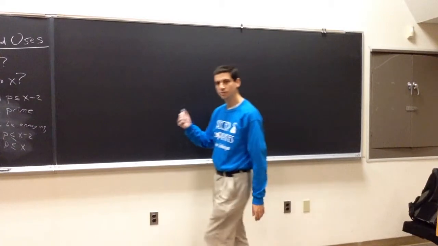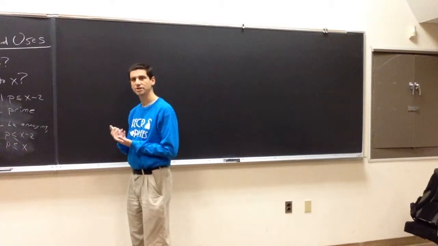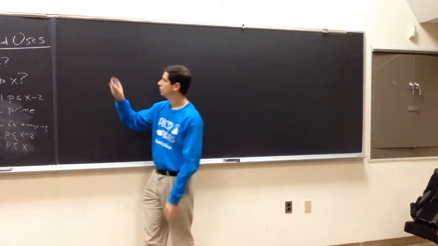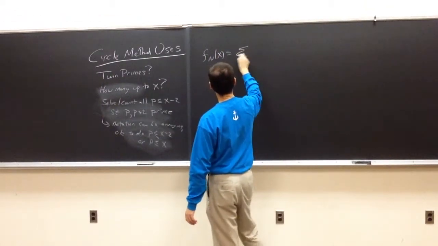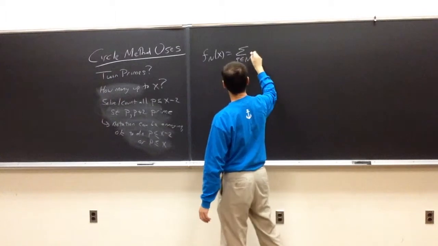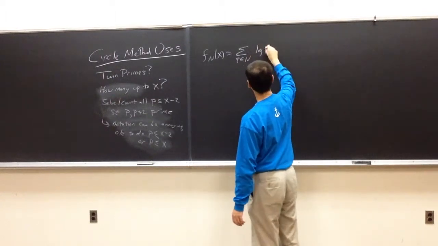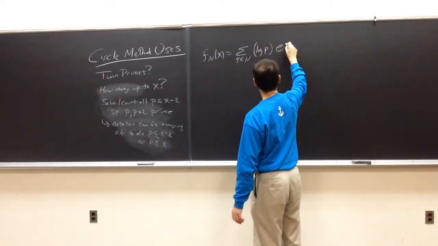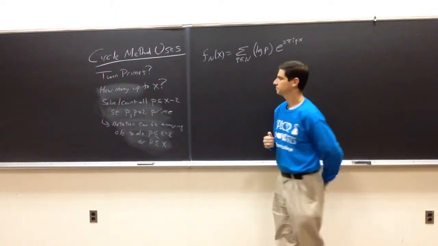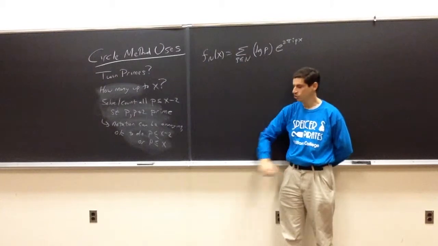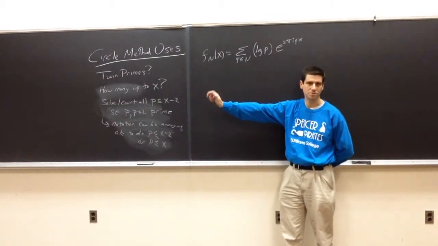So now we want to do the circle method. So we want to have some kind of counting function. So again, our function is going to be f_n of x is going to be the sum p less than or equal to n of log p e to the 2 pi i p x. And so often when we count, we want to count how many primes up to some number x.